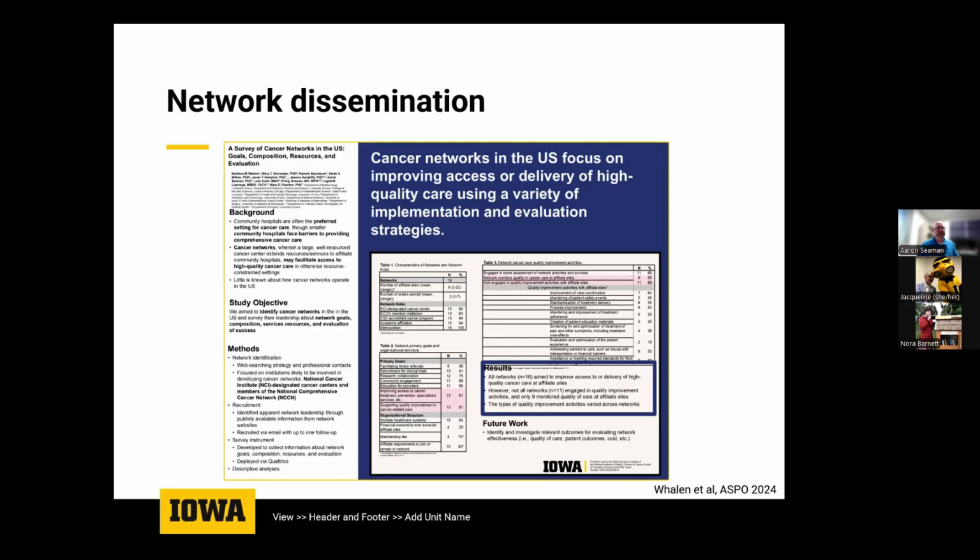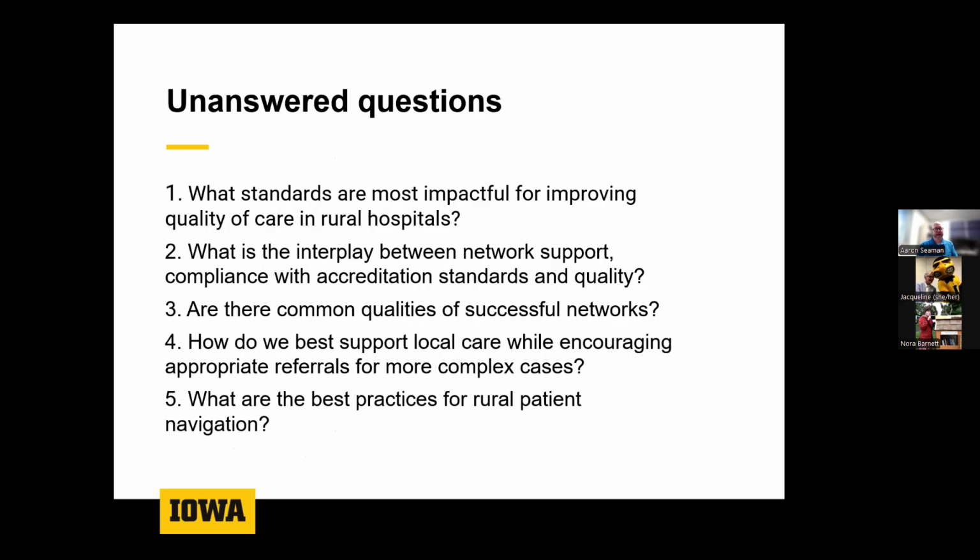And so trying to figure out what sort of characteristics, what their compositions are, how they came about, what their goals are, how they set up their relationships with affiliate sites. We recently had a paper come out on that, and we're continuing to work on that piece of it as well. Nonetheless, we have a number of unanswered questions still that we look to continue to pursue.